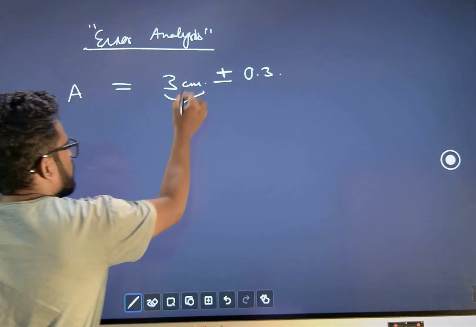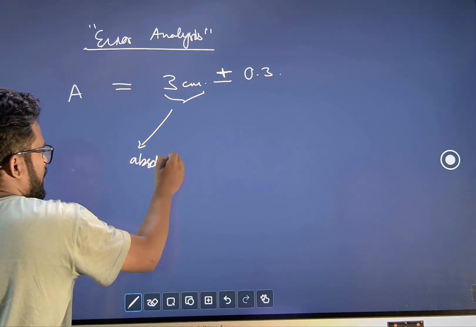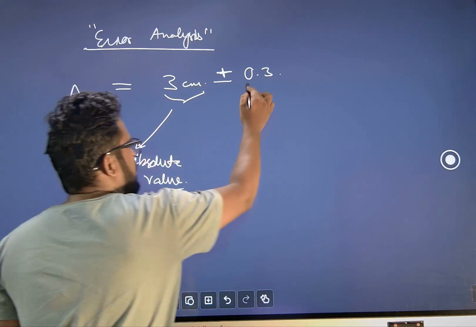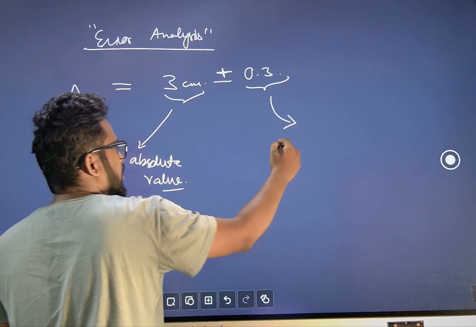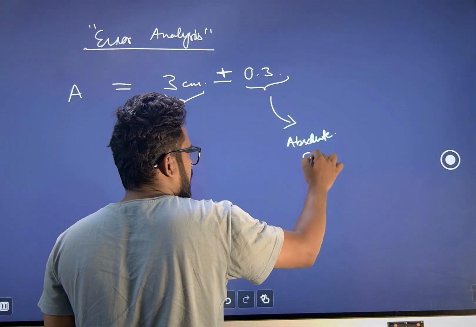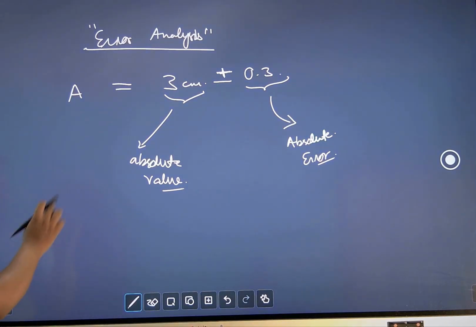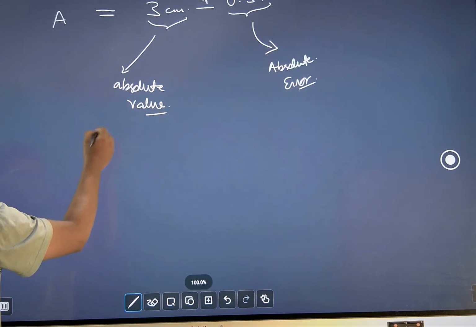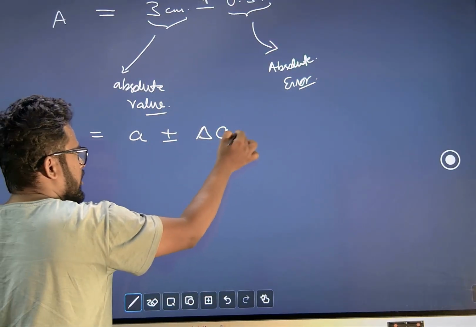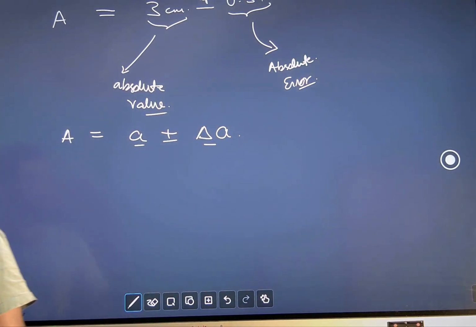If I talk about this A, this value, 3, is the absolute value of A. This plus minus part tells us the absolute error in A. So it can be written as A plus minus delta A. A is the absolute value, delta A is the absolute error.